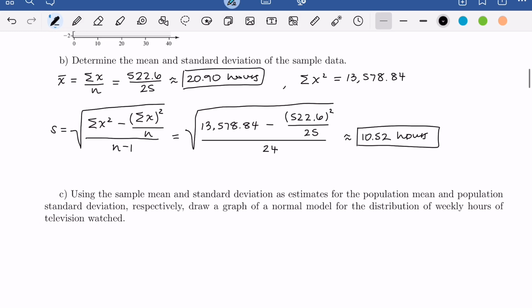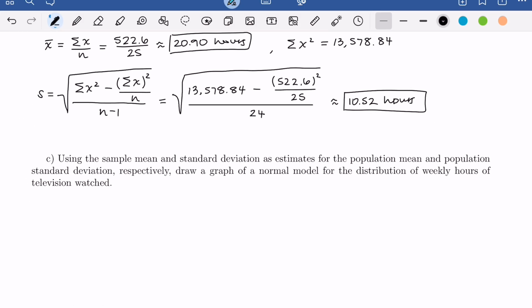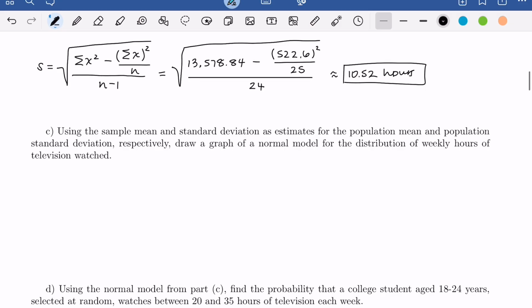Now for part C, we want to use the sample mean and standard deviation as estimates for the population mean and population standard deviation, and draw a graph of a normal model for the distribution of weekly hours of TV watched. So we know how to do this from the last video. In the middle here is going to be our mean, which we found to be 20.90 from part B. Now our inflection points here are going to be our mean minus one standard deviation and our mean plus one standard deviation.